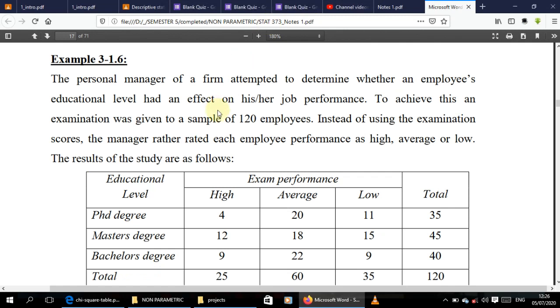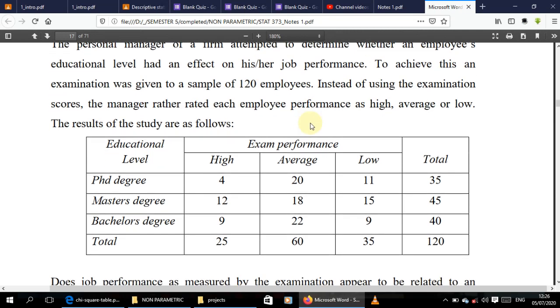So this is a typical example. The personnel manager of a firm attempted to determine whether an employee's educational level had an effect on his or her job performance. To achieve this, an examination was given to a sample of 120 employees, so they are all in total 120. Instead of using the examination scores, the manager rather rated each employee's performance as high, average, or low.